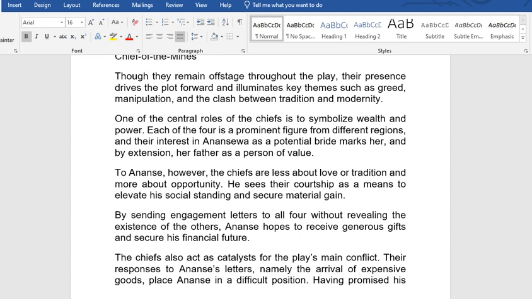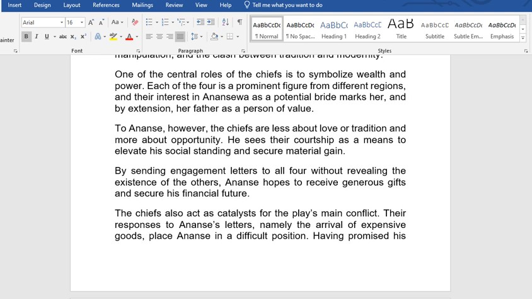However, the chiefs are less about love or tradition and more about opportunity. He sees their courtship as a means to elevate his social standing and secure material gain. That is, Ananse feels that through them he can solve his problem, that he can have a material gain from these people.